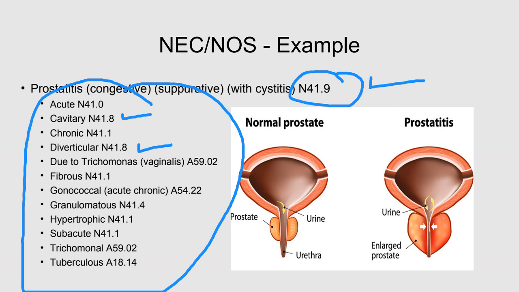There's no inclusion term or anything in the tabular list for diverticular and cavitary. These conditions are lumped together into the other specified or NEC codes. There is specific documentation of the condition, but not a specific separate code for them. So, no separate codes for these very specific conditions.